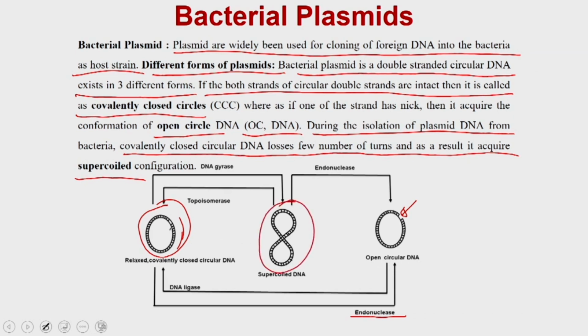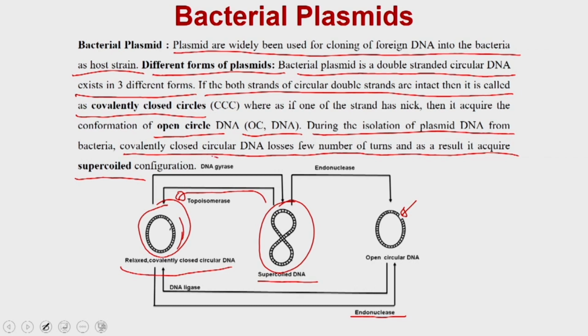You can convert supercoiled DNA to relaxed covalently closed circular DNA simply by adding topoisomerase, which makes or destroys the supercoils.